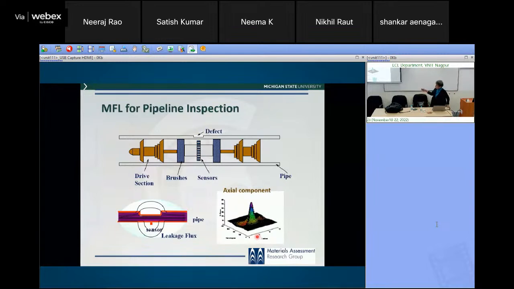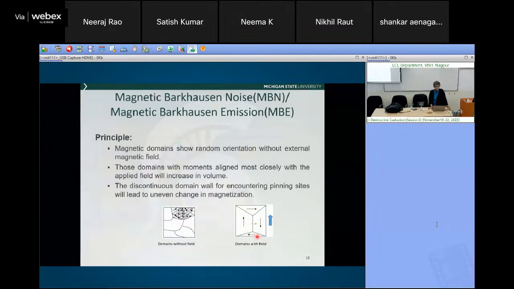Over here, these are the magnetic pole pieces. You magnetize axially, and then this is an array of Hall sensors that can pick up the field, and as the inspection tool moves inside, you can generate an image that looks like this of the axial component. Again, we will talk more about it in the afternoon. So that is about the magnetic flux leakage method.